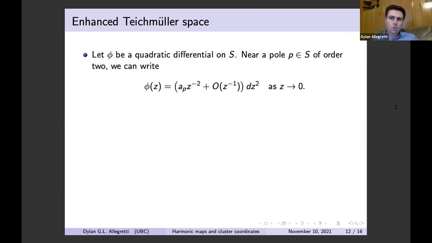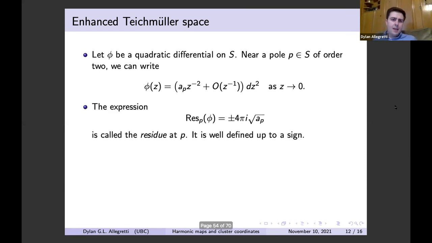So z is some local coordinate on the surface that vanishes at p. And then we can form the expression plus or minus 4 pi i times the square root of the leading coefficient in this expansion. That expression is called the residue of the quadratic differential at p.